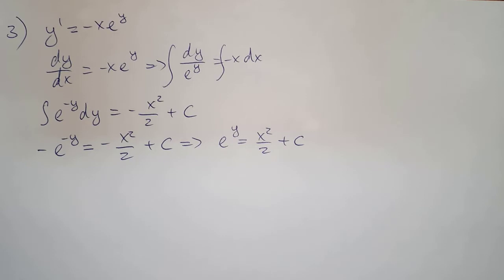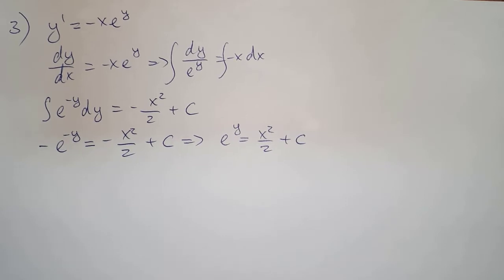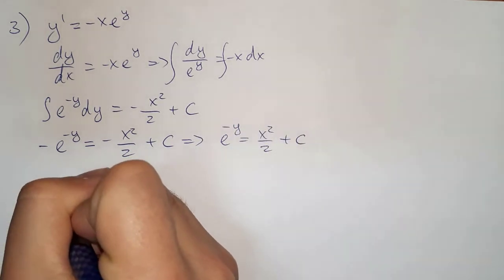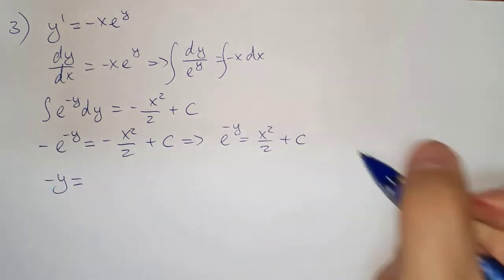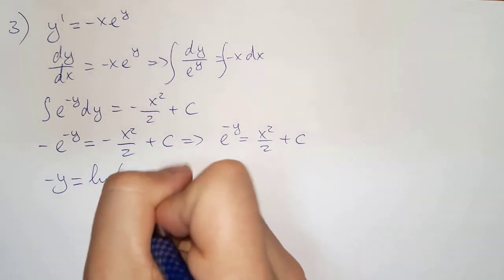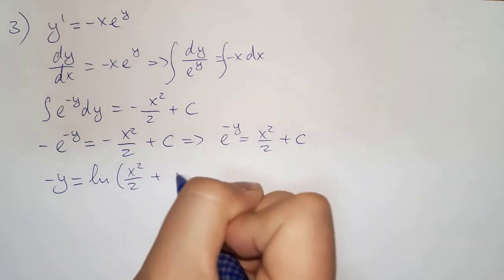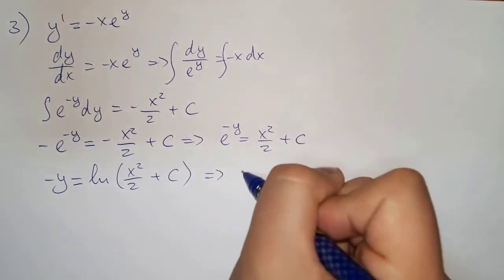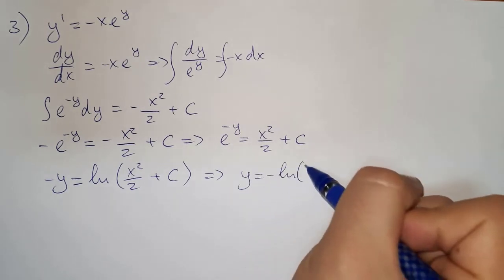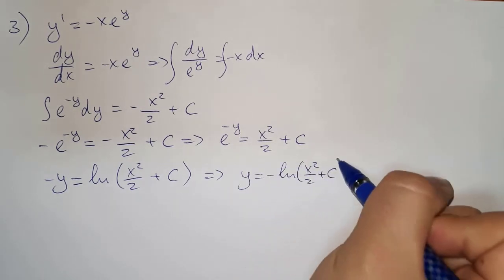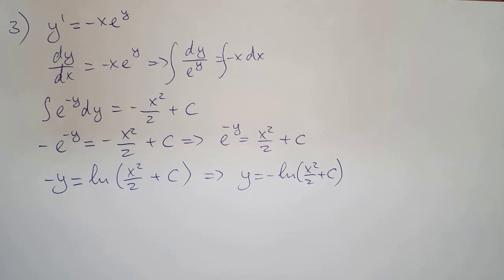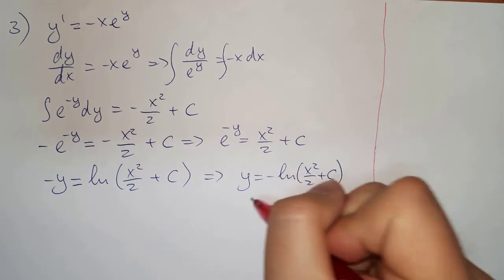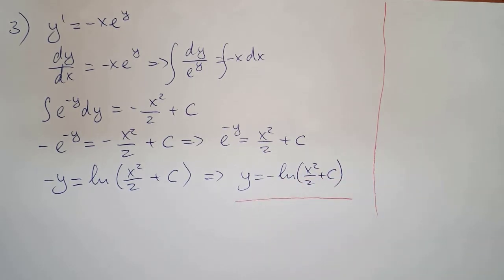So now minus y, of course, equals, we can write in logarithm, natural logarithm of x squared over 2 plus a constant, or y is equal to minus natural logarithm of x squared over 2 plus a constant. So this is the solution of our example.